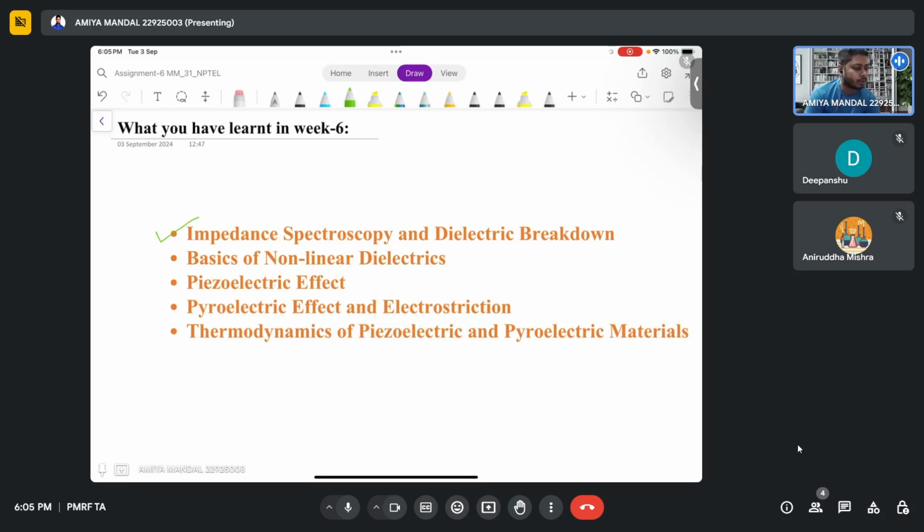Although you learned impedance spectroscopy in week 5 also, some more discussion has been done here on impedance spectroscopy analysis, and on how important it is for measuring the correct dielectric constant versus temperature plot.